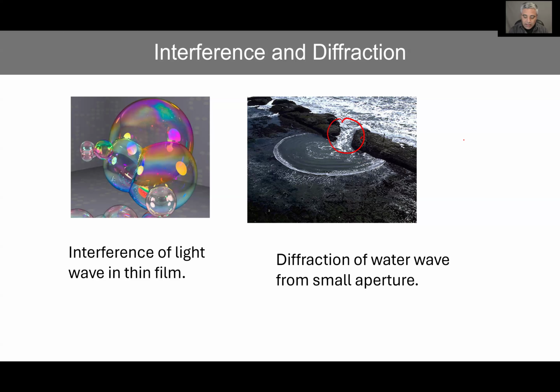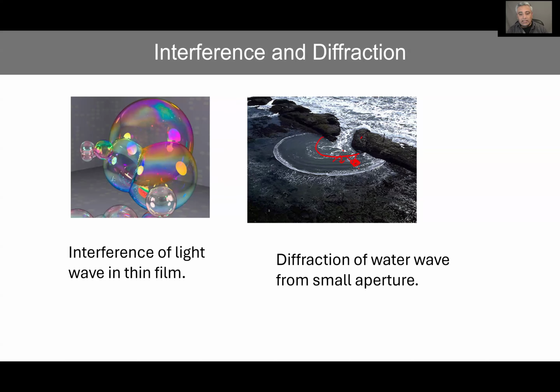These are different words for the same thing. But what we believe is that when these waves are propagating, they are emitting new waves. So there are always waves to interfere with. So even in diffraction, there is this kind of interference going on.